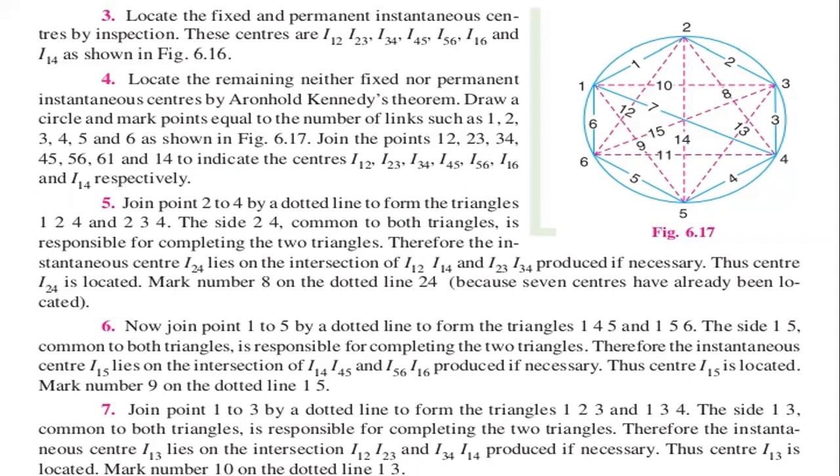Therefore, the instantaneous center I24 lies on the intersection of I12, I14 and I23, I34 produced if necessary. So this is the I12 and this is the I14 section.